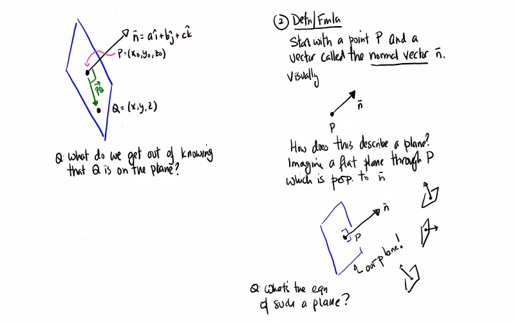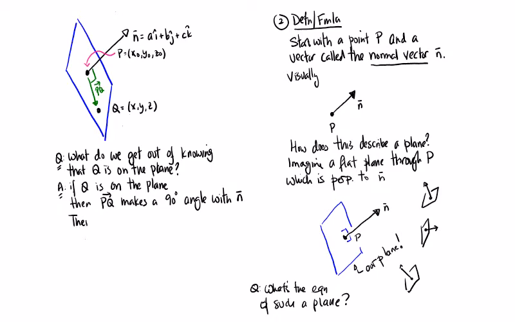So this is question and answer. The answer is, if Q is on the plane, then the vector PQ makes a 90-degree angle with the vector N. And if you look at the picture again, you can see that that's true. 90-degree angles means they're perpendicular.